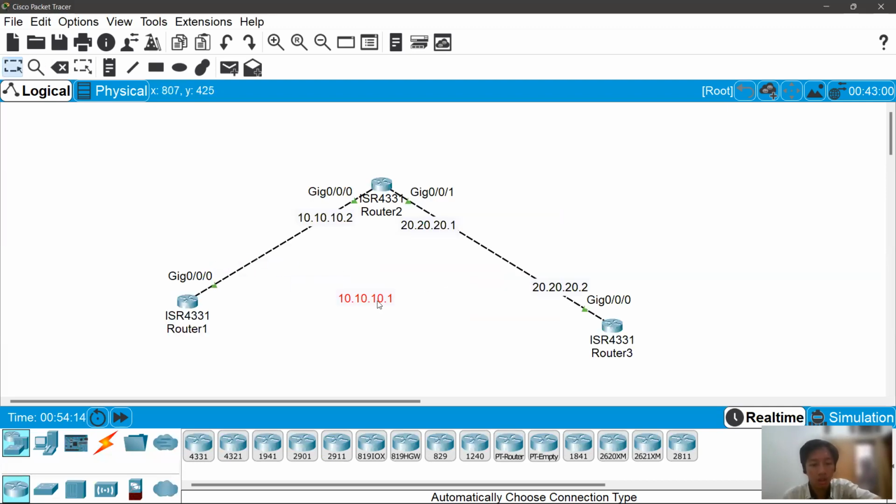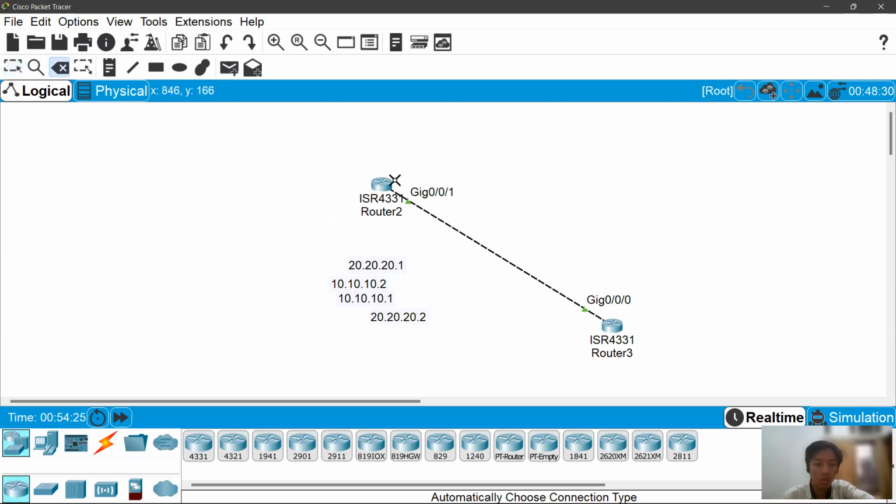This time we use the dynamic routing OSPF.